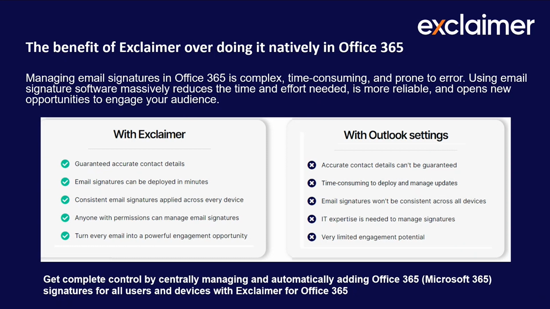So here I have a brief chart that shows the benefits of using Exclaimer over just doing it natively on Office 365, where either IT or users manually set up their signatures in Outlook. It could be a little complex and time consuming. There's definitely room for error because you're having somebody manually setting this up.